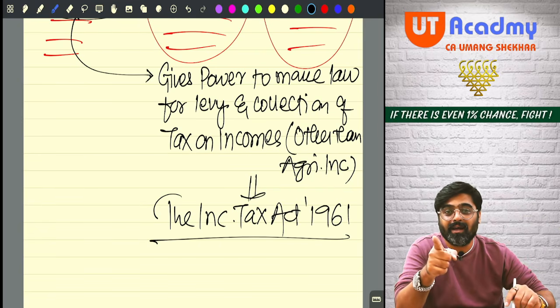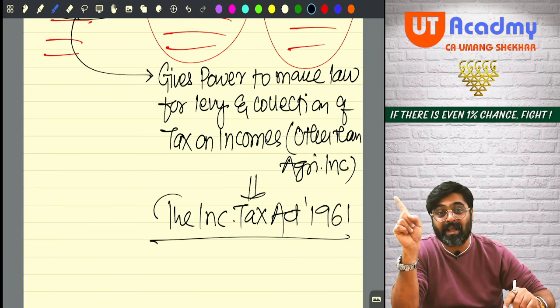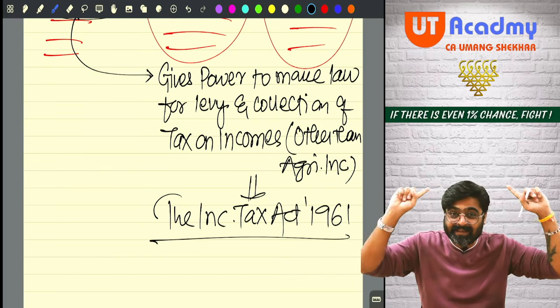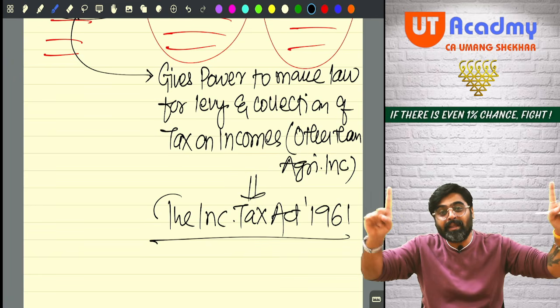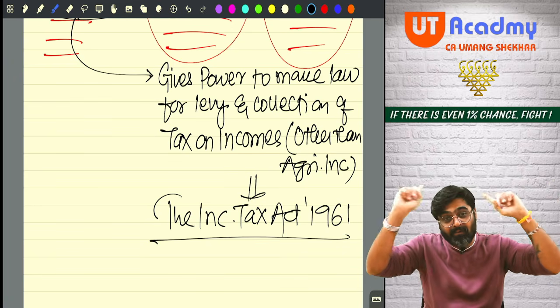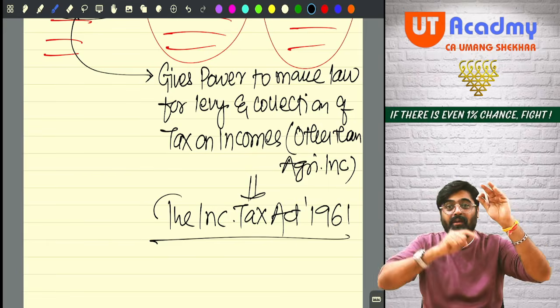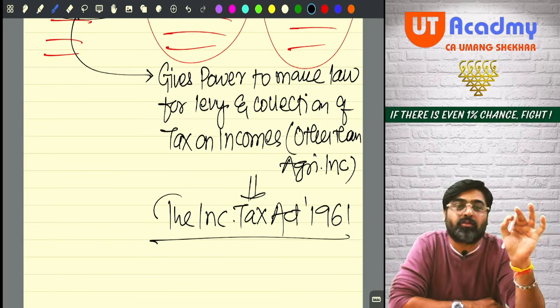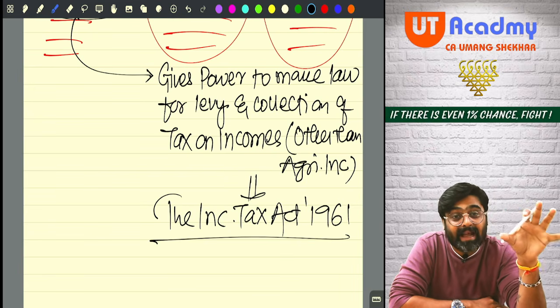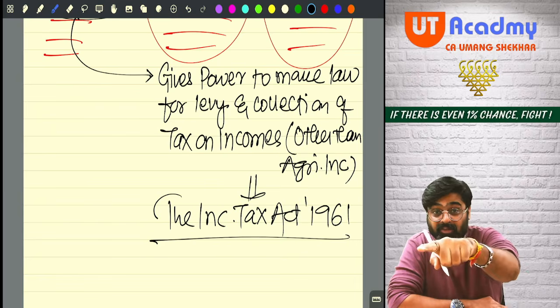So the act is made by whom? Parliament. That means for the entire territory of India, all the incomes everywhere in India, what income tax will be charged and collected is as per this law.